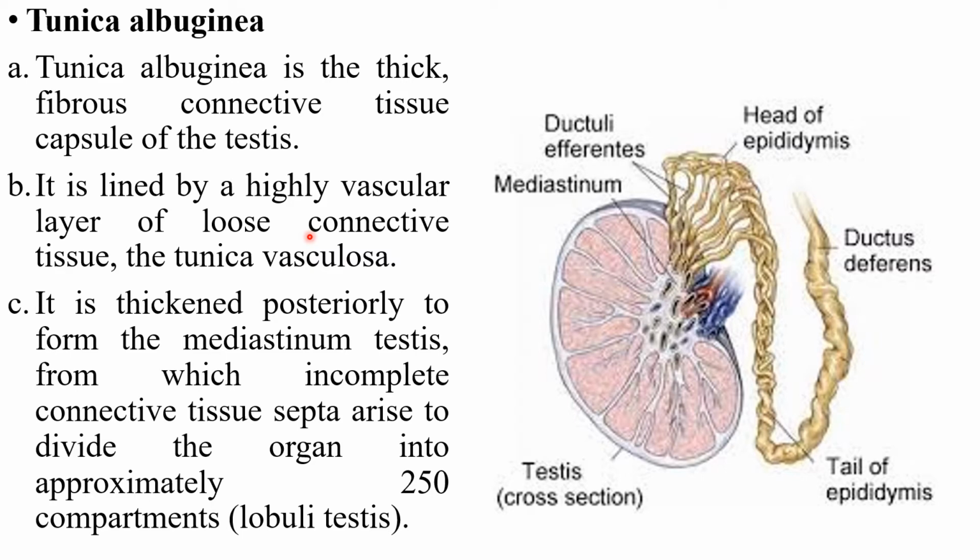This tunica albuginea is thickened posteriorly. In this region, it is thickened, as you can see here, to form a structure called mediastinum.